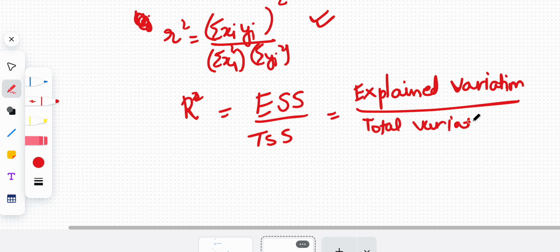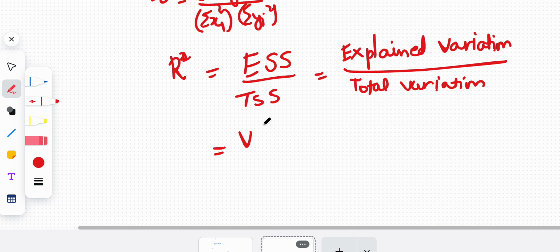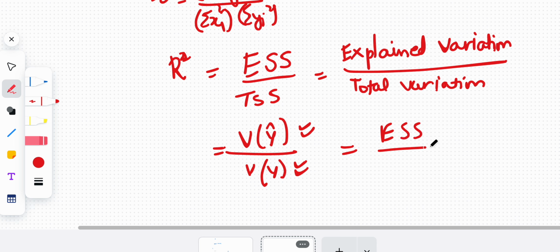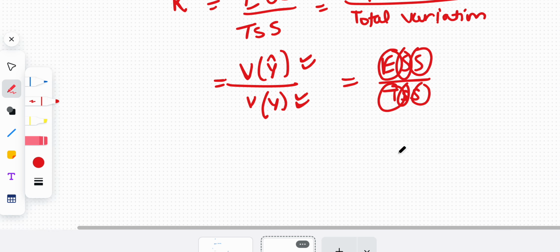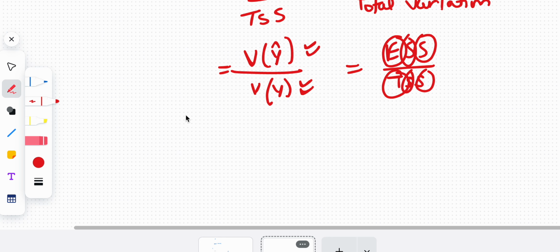What that would mean is, this is my explained variation, this is my total variation. This can be written as ESS over TSS. Now this is explained sum of squares, TSS is total sum of squares, right? This is my R square, this is my ESS over TSS.